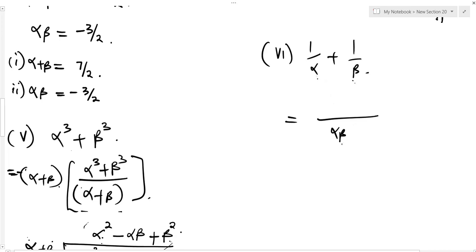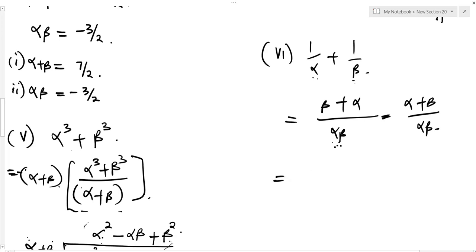So alpha beta divided by alpha will give you beta. Beta times 1 will give you beta. Then alpha beta divided by beta will give you alpha. Alpha times 1 will give you plus alpha. So this is the same thing as saying alpha plus beta all over alpha beta.